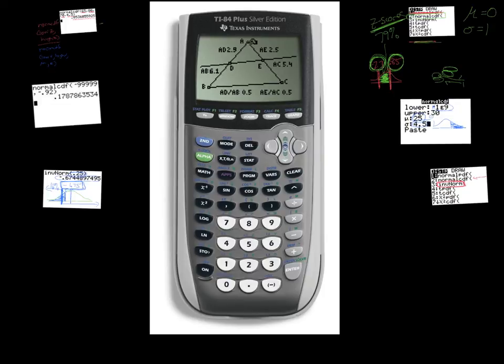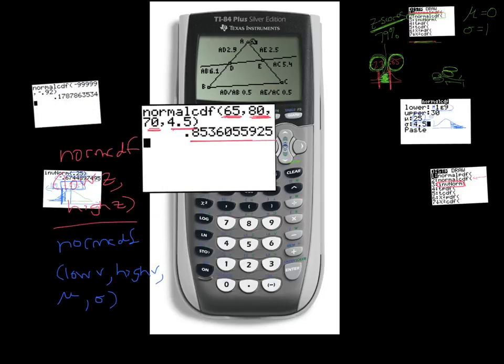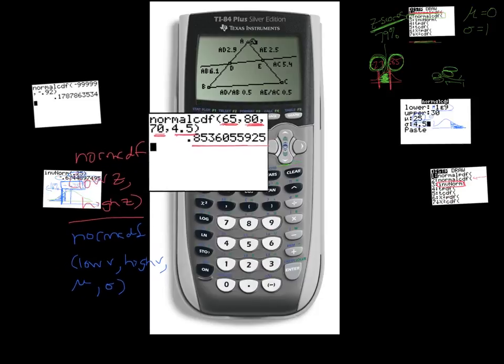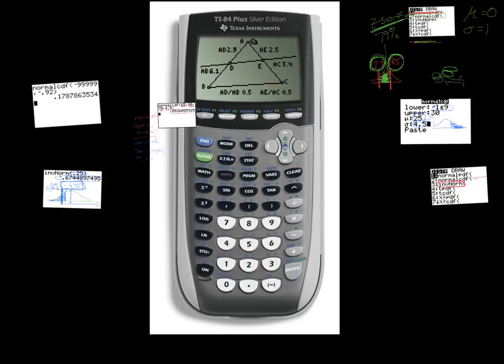Or we could type in all four values being in context: our low value, our high value that we're interested in, the mean of our data, and the standard deviation of our data with commas in between all four of them.